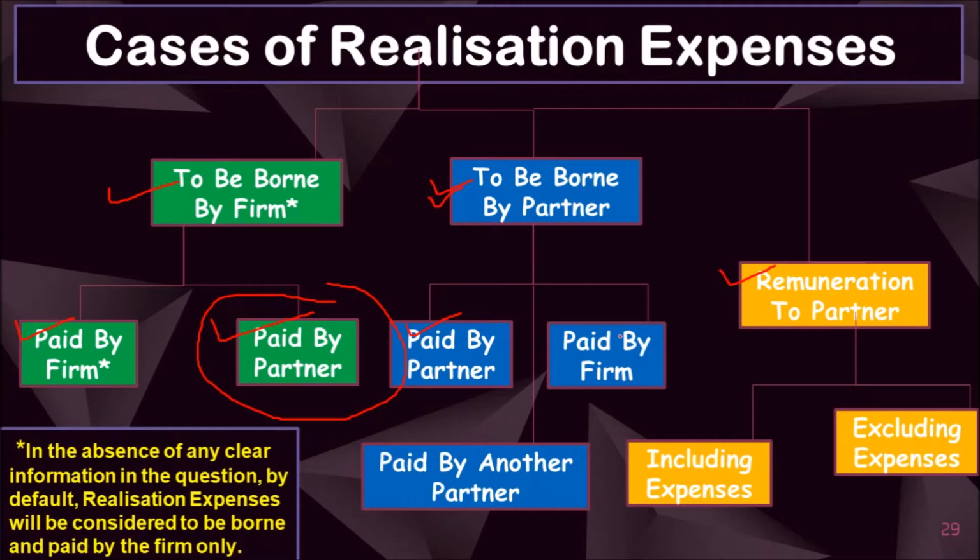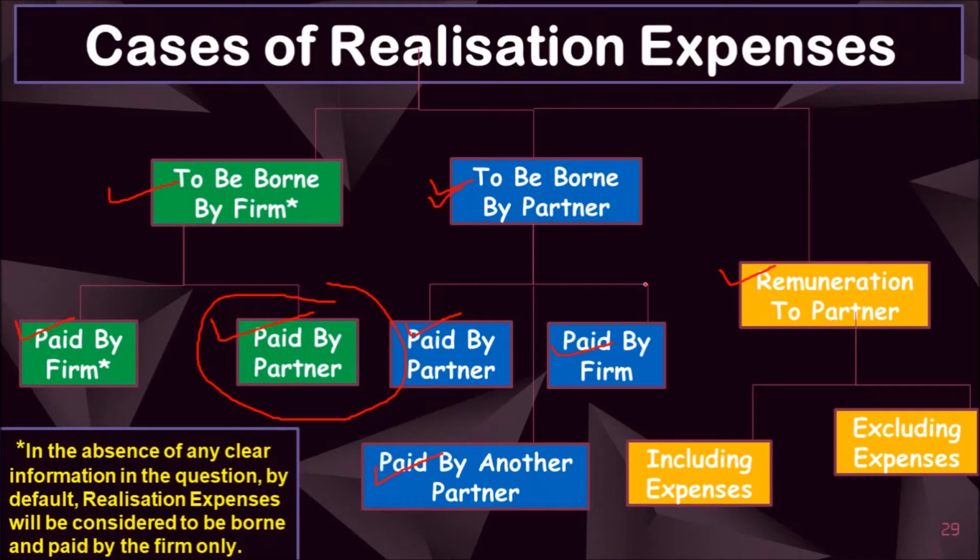So this is one situation. Another situation is: realization expenses to be borne by a partner but paid by the firm. Here you may find different language, like realization expenses were paid by the firm on behalf of the partner. It means the same. And the third situation is paid by another partner.